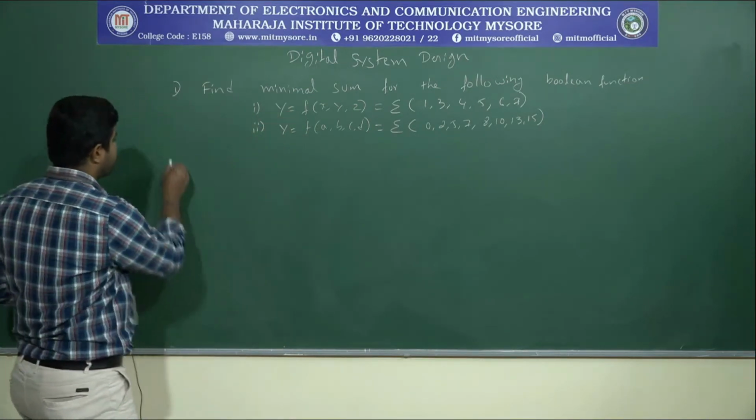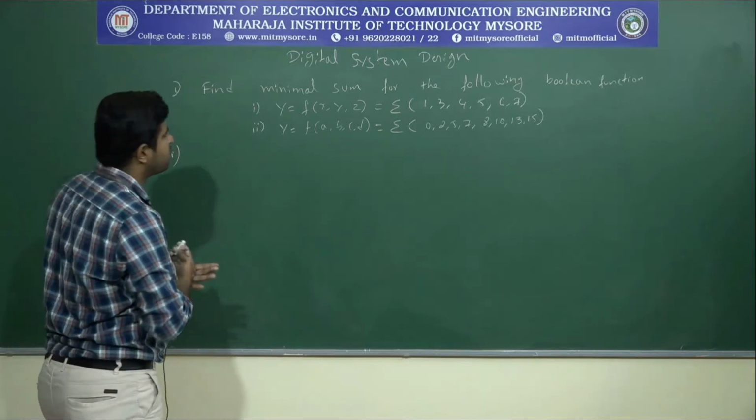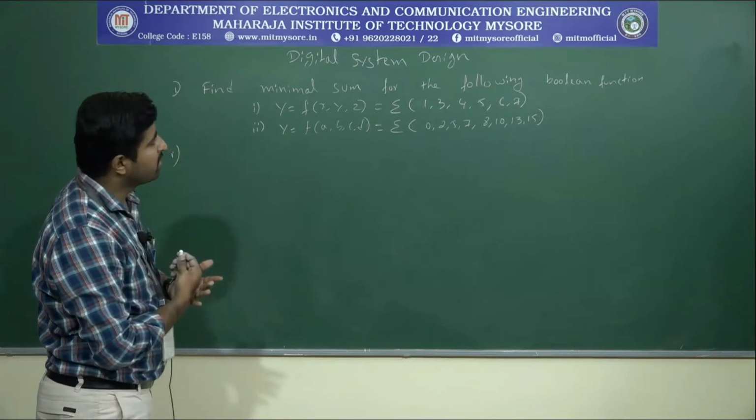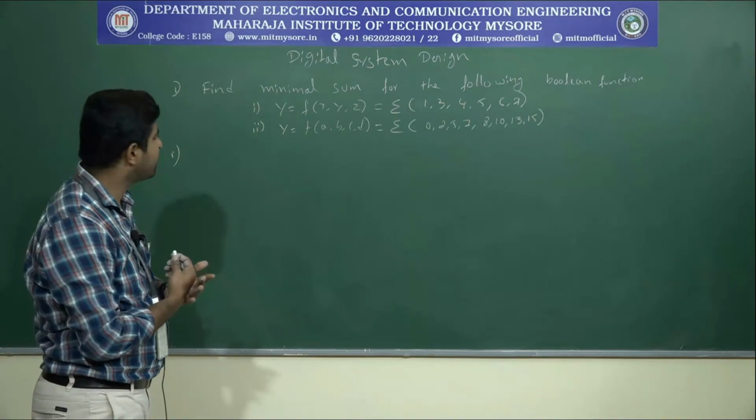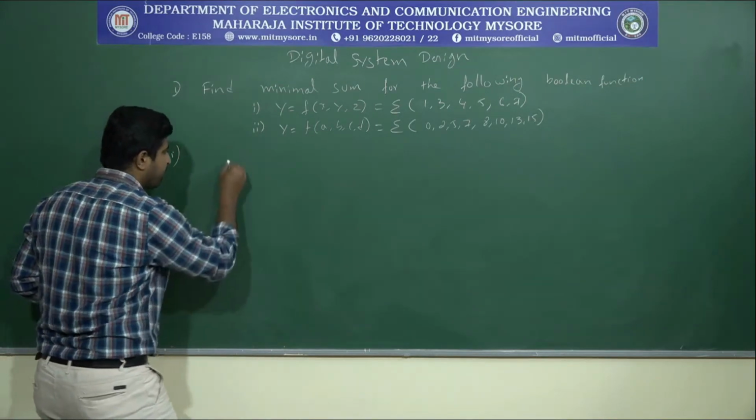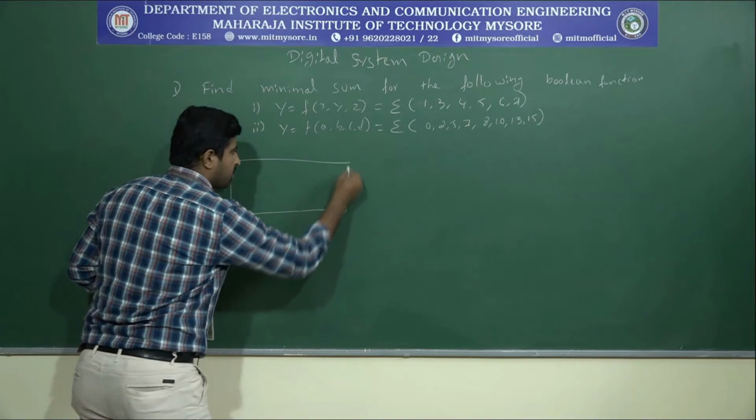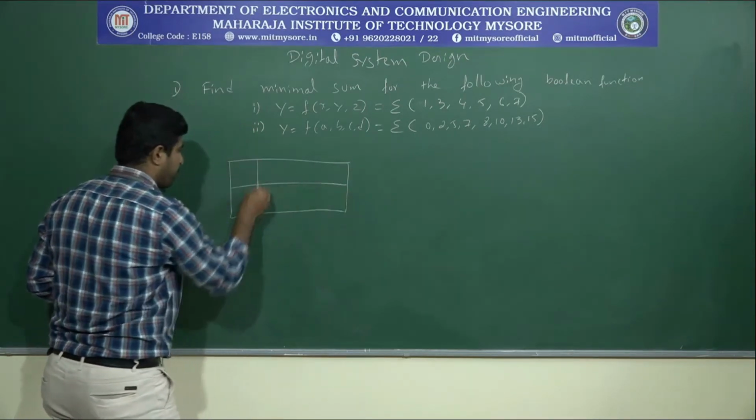So let's take up the first function. The first function is summation of 1, 3, 4, 5, 6, 7. It's a 3 variable function, so let's write the 8 cell K-map.